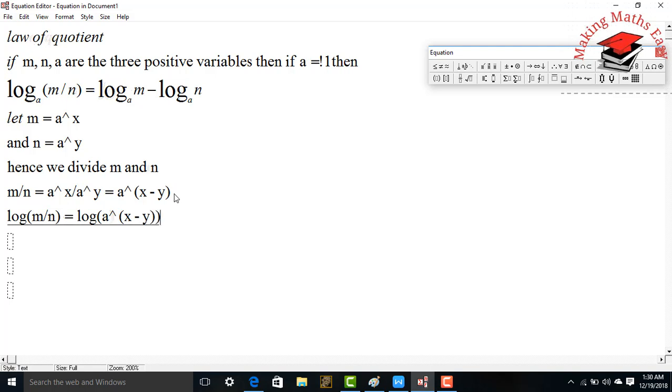By the definition of logarithm, log of m divided by n equals x minus y into log of a, because whatever is in the power will come first. So log of m divided by n is equal to x minus y times log of a. So this log of a will go here in the denominator.